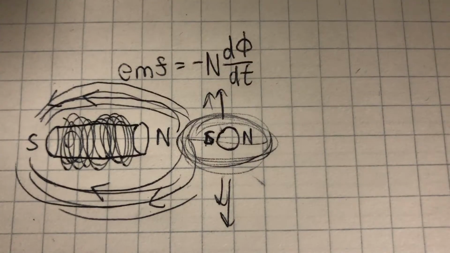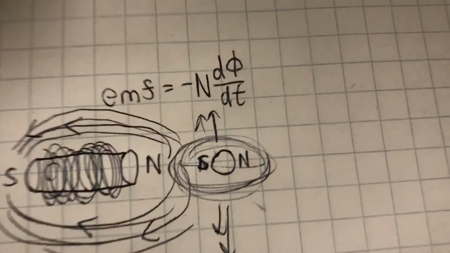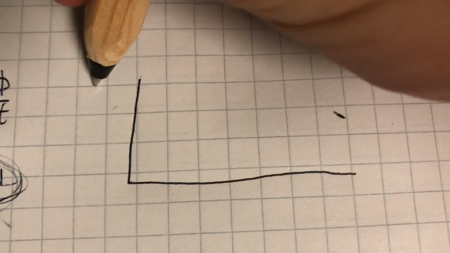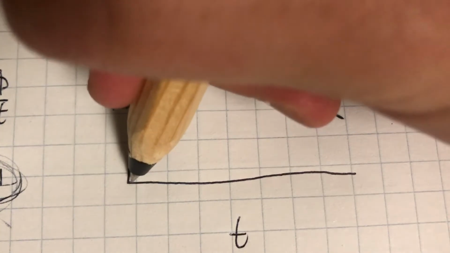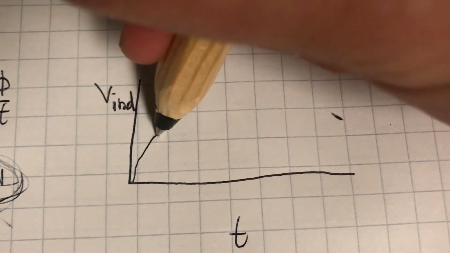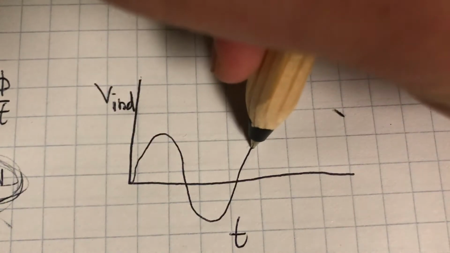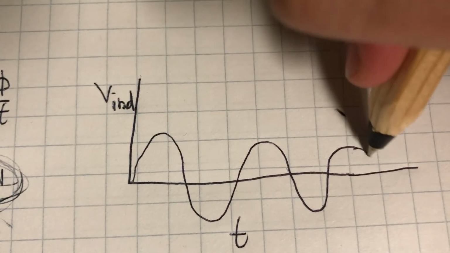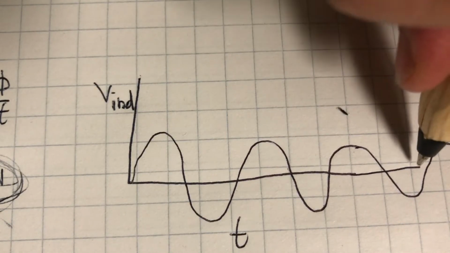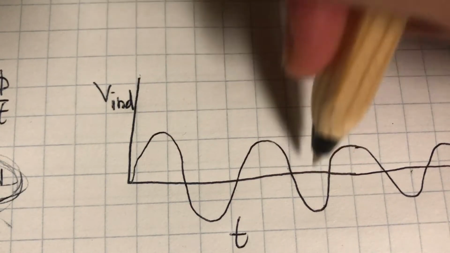And in fact, we can graph this. So let me just move this over here. If we were to graph it, I'll draw a little axis here, where this is V, the induced voltage, and this is time. We're going to get a graph like this. It's going to be up and down, and we're going to get a nice sine curve like that, because it's going to go up and down.